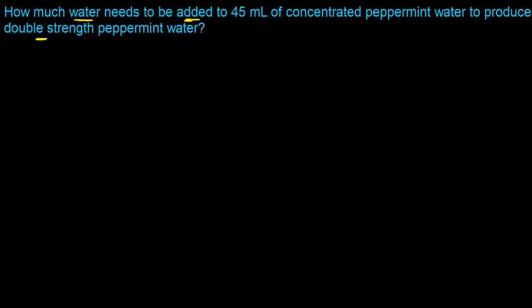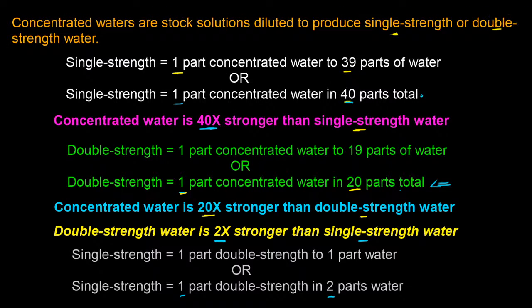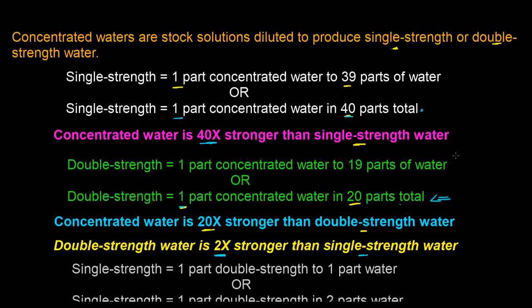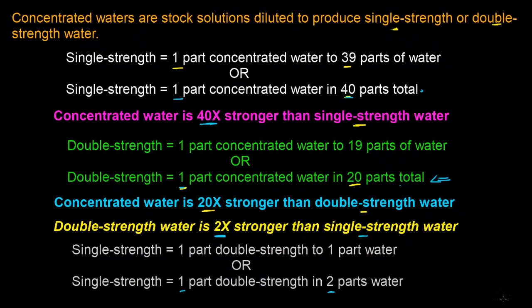So here, if we go back to our reference slide, double strength would imply that we are looking at this piece of information. Okay, one. So here we are going to use the information of 1 part to 19 parts, which is similar to the question that was being asked in the chat box.